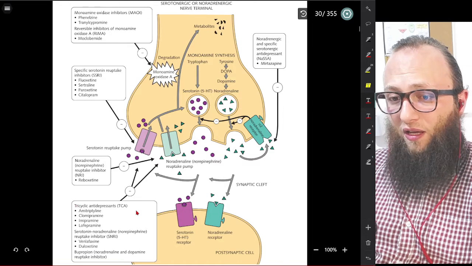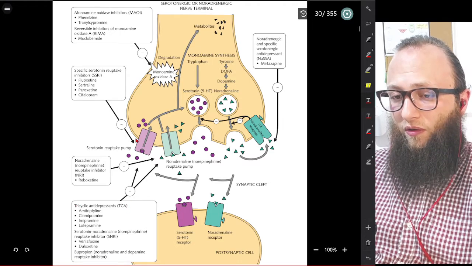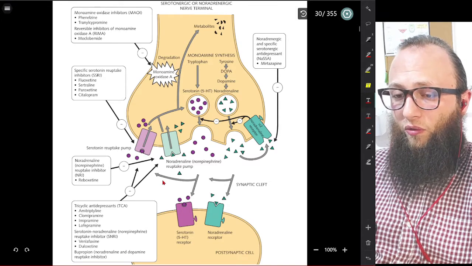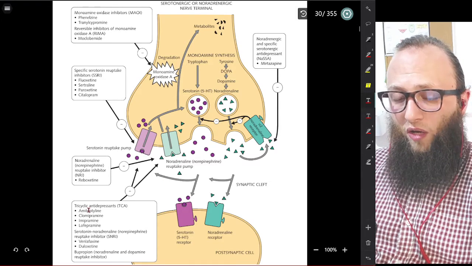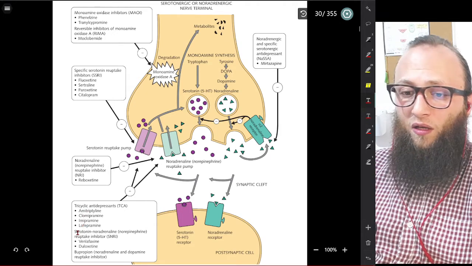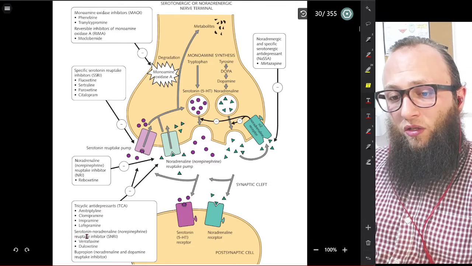What about tricyclic antidepressants? Tricyclic antidepressants work on the serotonin reuptake pump and work on the noradrenaline transporter also, in addition to other functions. We have a lot of examples here like amitriptyline, clomipramine, imipramine, lofepramine, and so on.